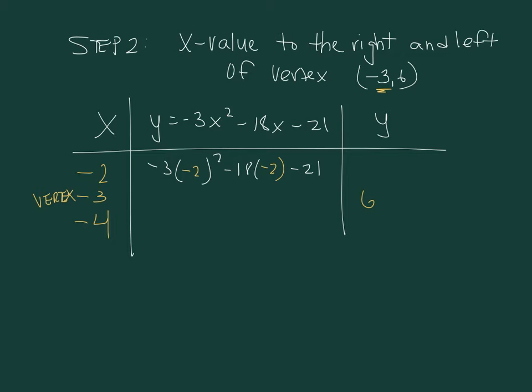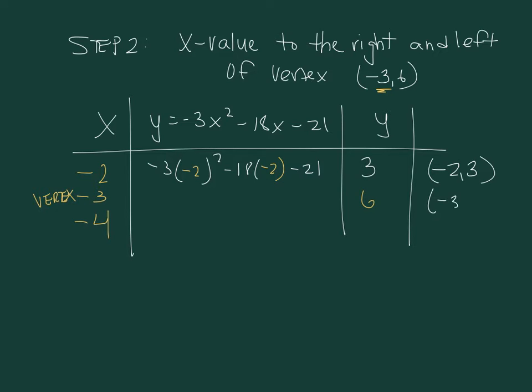If I plug this into a calculator, negative 2 squared is 4, and 4 times negative 3 is negative 12, and I'm going to add to that 18 times 2, which is 36, but both are negative, so it's positive 36, and then minus 21. And what I'm going to get is 3. Okay, so here's my point, negative 2, comma 3.